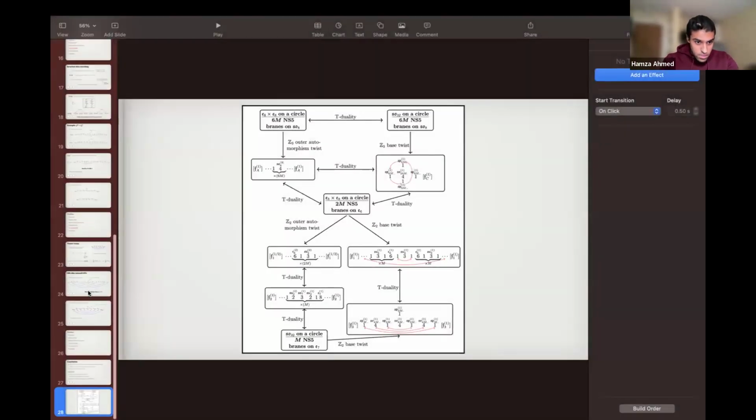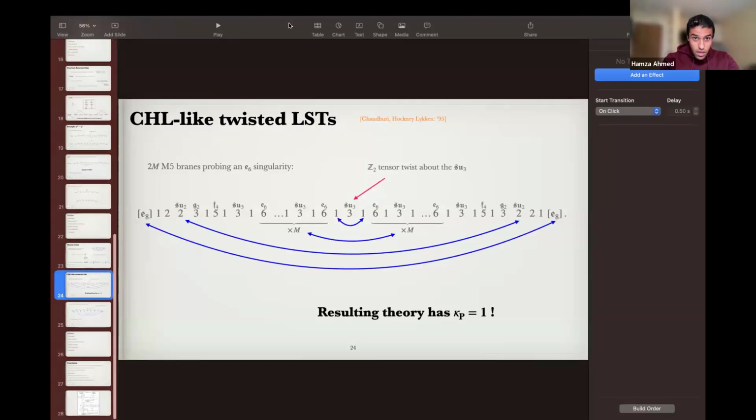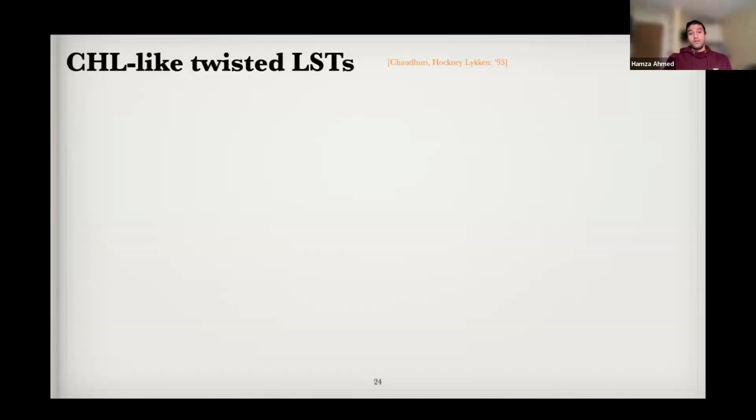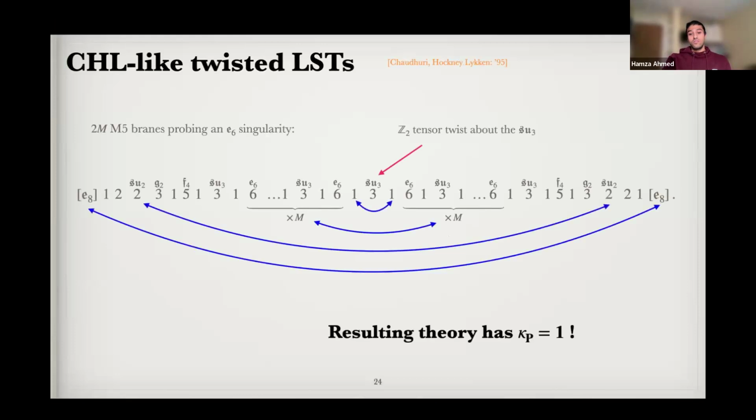The example that I showed you here, the two-group structure constants changed because the partial tensor branch actually does not have a fixed node. So when you twist, that leads to a change in the two-group structure constants. But I'm not sure if that's the kind of predictive power you wanted.